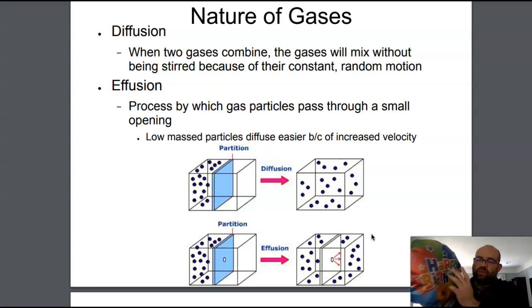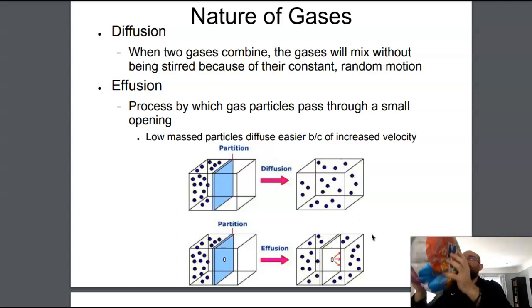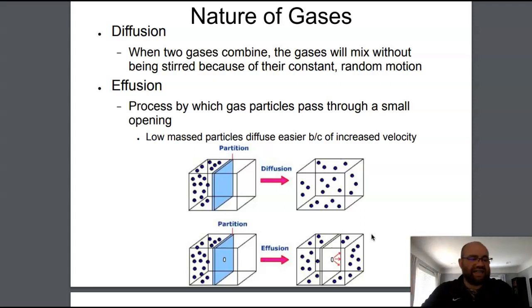But this balloon was fully inflated back on March 14th. However, over time, some of the gas particles effused out through these very small openings in the mylar balloon. And the balloon's not as full as it was back in March. So effusion occurs when a gas passes through a small opening.